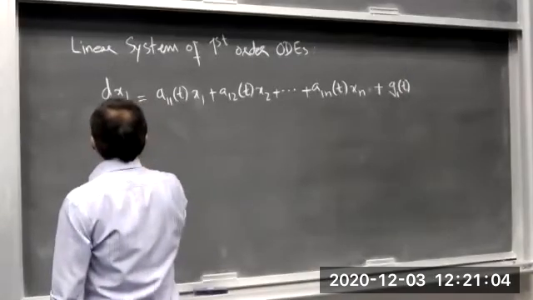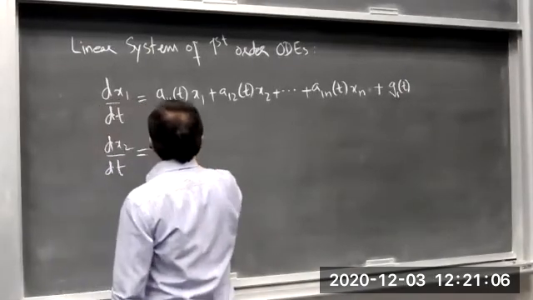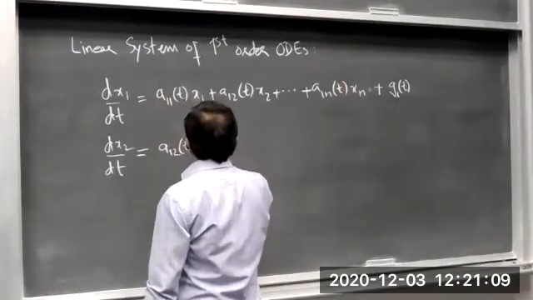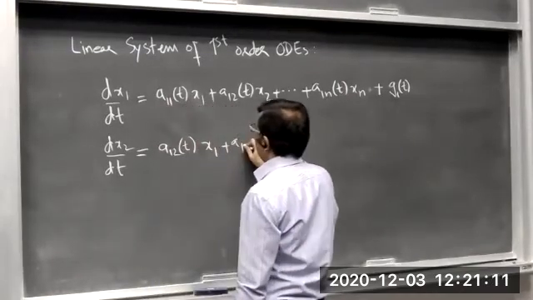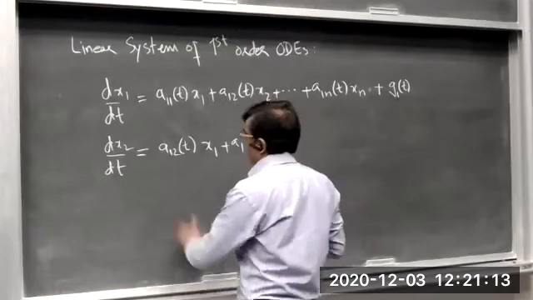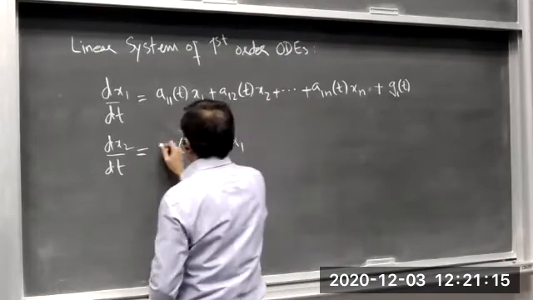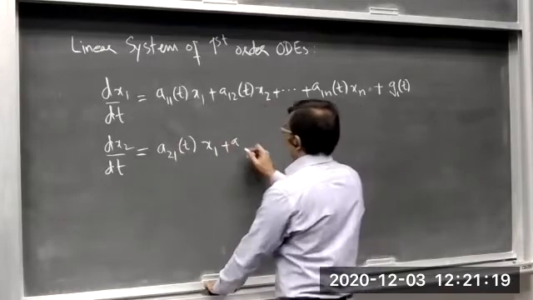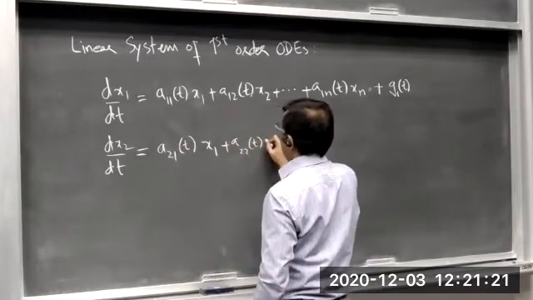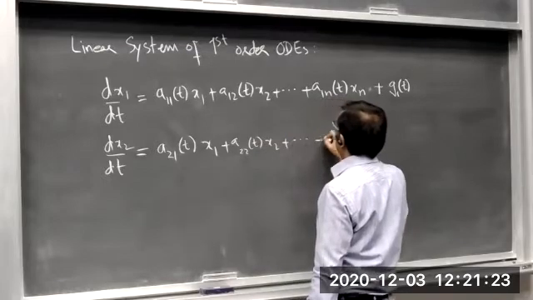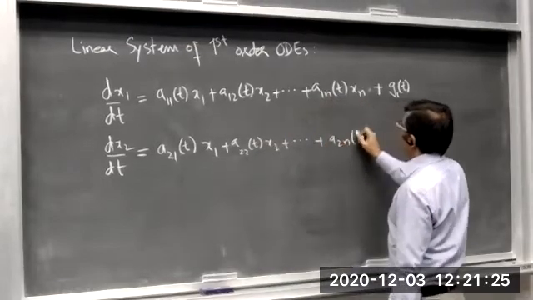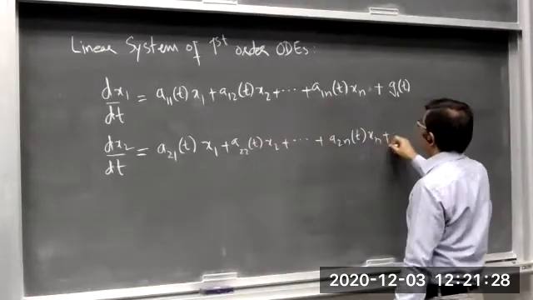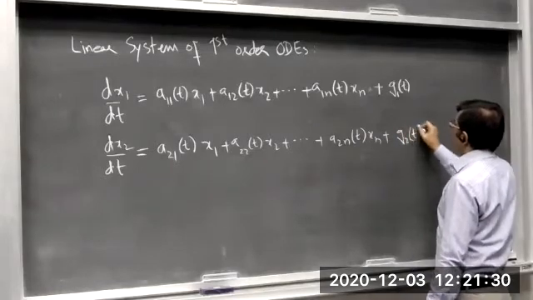And then dx2 by dt is equal to a21 of t x1 plus a22 of t x2 plus so on plus a2n of t xn plus g2 of t.